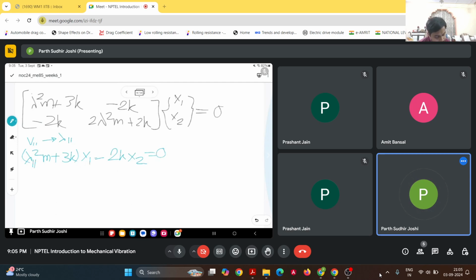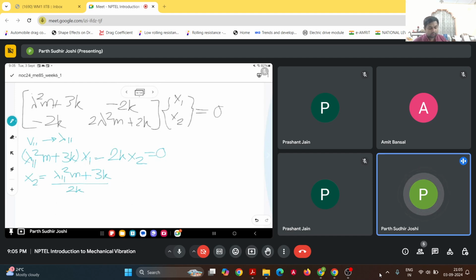So we get that x2 is lambda 11 square m plus 3k by 2k.